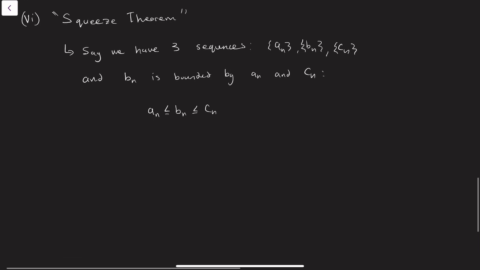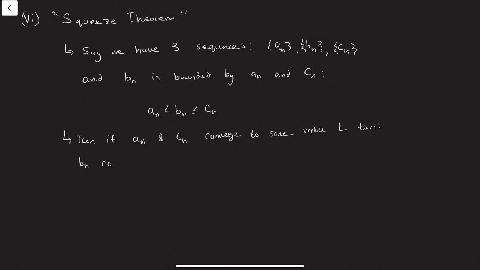Great. Then if a_n and c_n converge to some value L, then b_n converges to L as well.